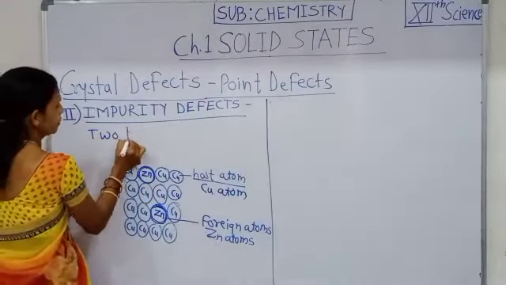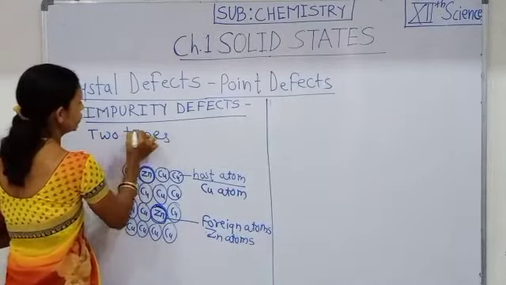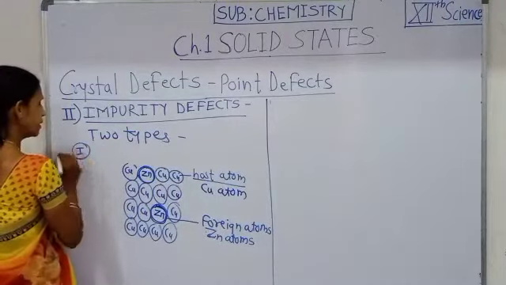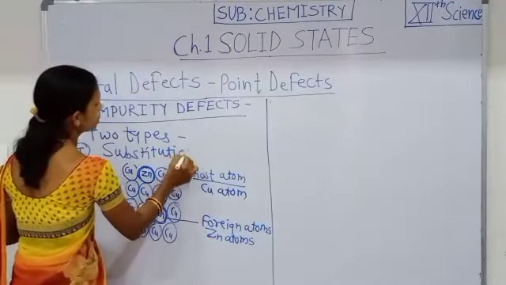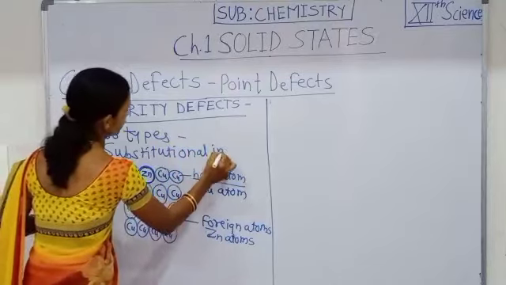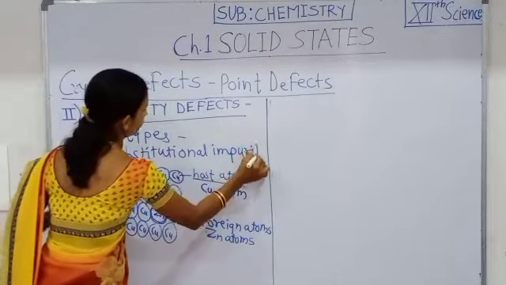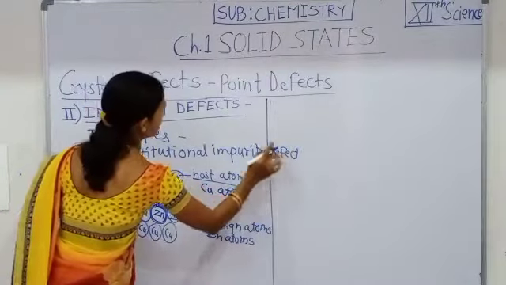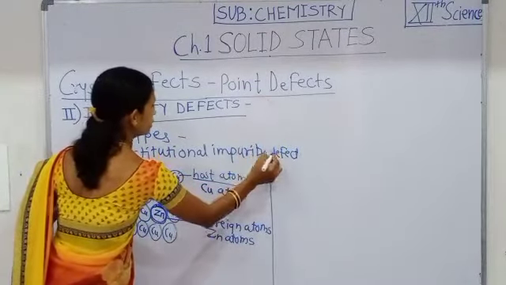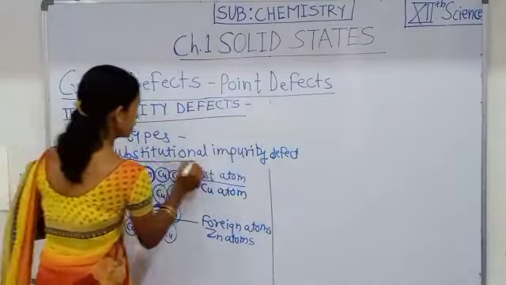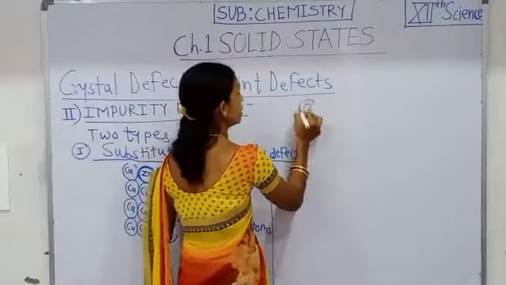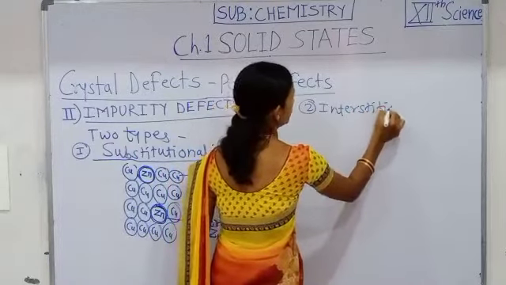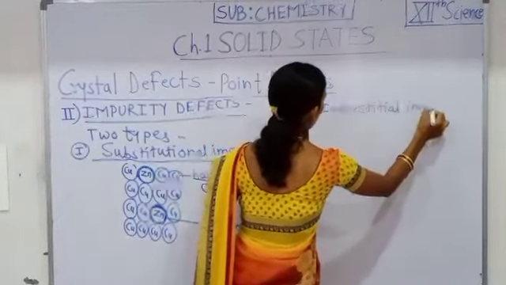The first one is substitutional impurity defect, and the second one is interstitial impurity defect.